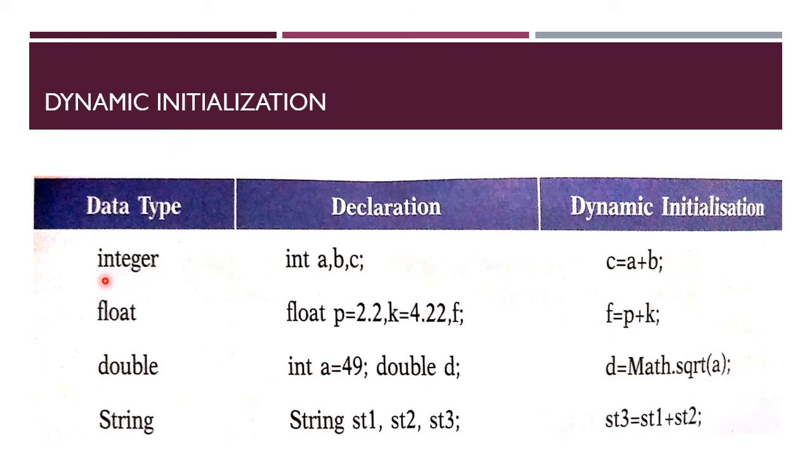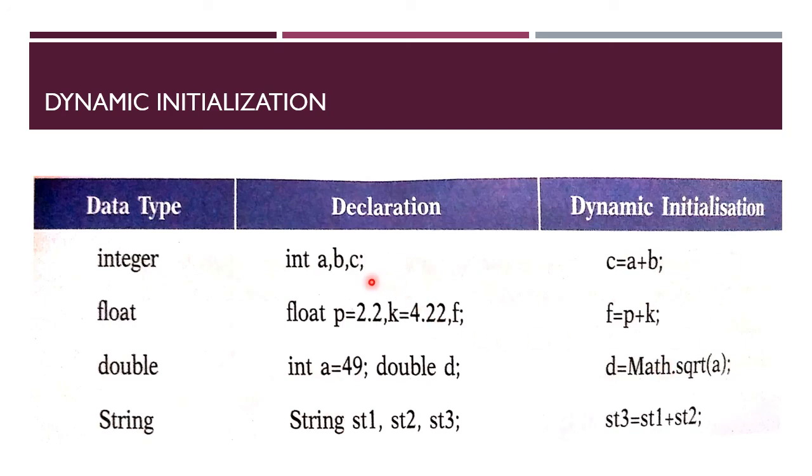Let us consider an example. Integer declaration int a, b, c. Dynamic initialization: c is equal to a plus b. Here the arithmetic operation is performed on the two variables a and b and that result will be stored in c. This kind of operation is called dynamic initialization.